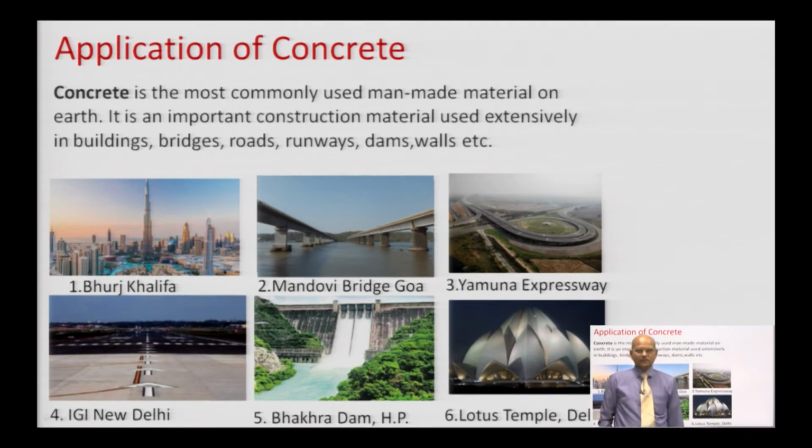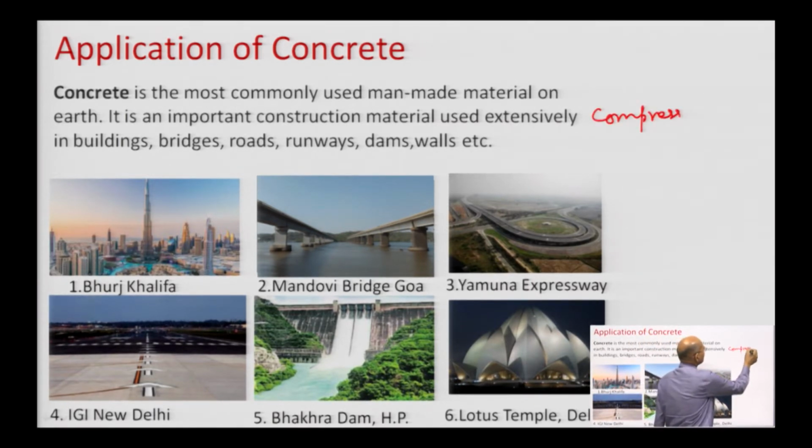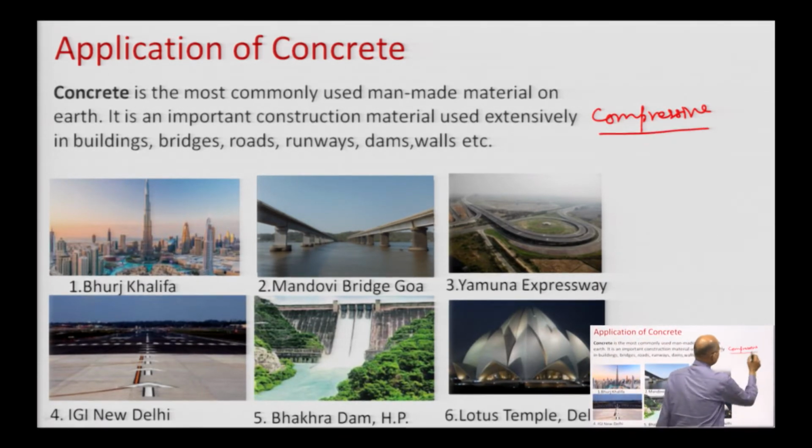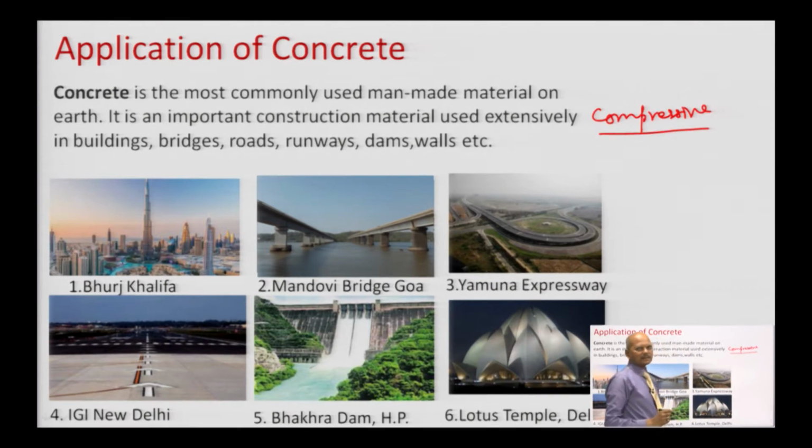After the invention of this hydraulic cement, there was a lot of development in concrete, because it had very good compressive strength and moldability. It can be molded to any shape and size, but it lacks tensile strength.